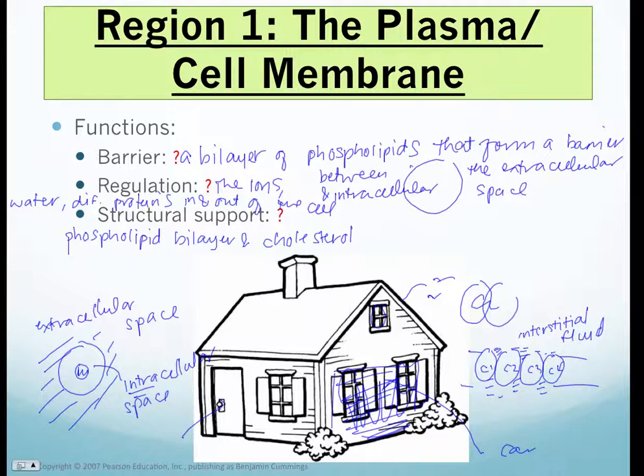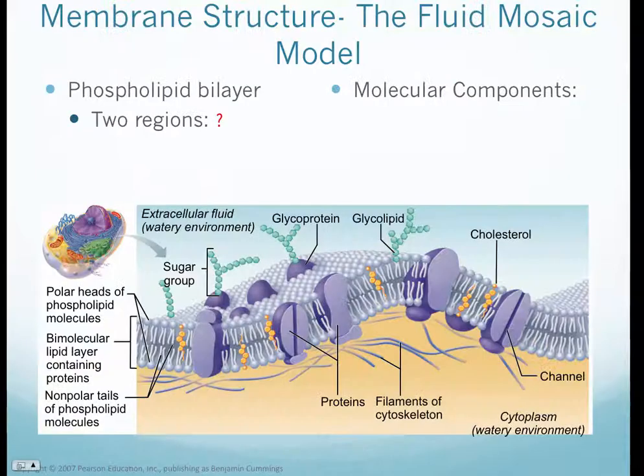Okay, cholesterol, we know it's going to be that steroid, those 4 interlocking rings, nice structural support. And the main function of this cholesterol is that it gives your cells permeability and fluidity over a wide range of temperatures. So fluidity and membrane permeability.